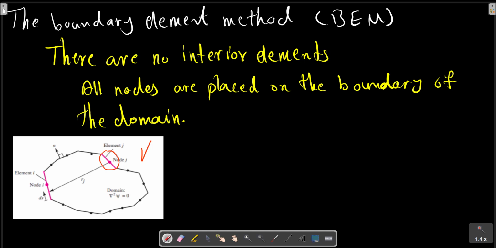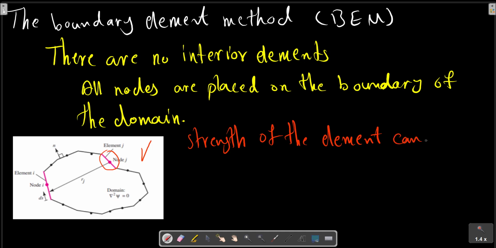The strength of the element can be either constant or variable.